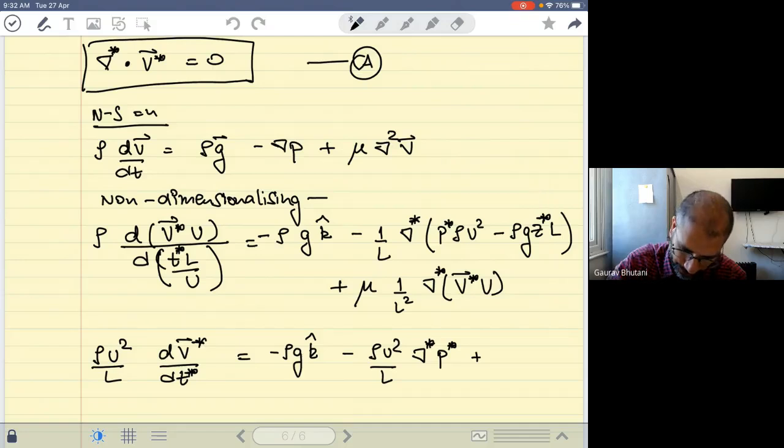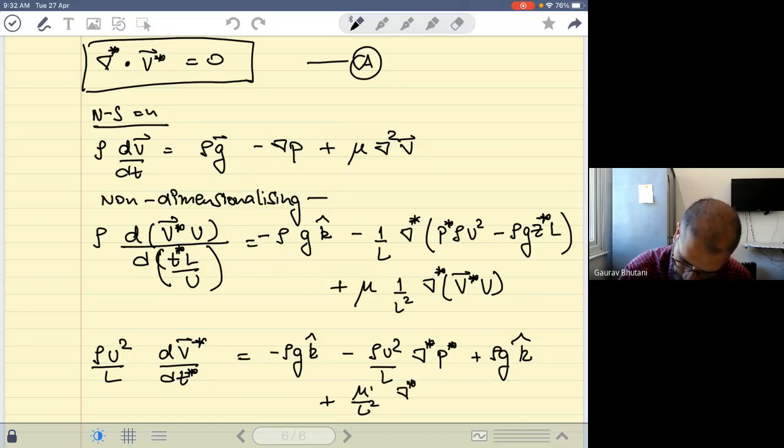They're all constants, and L will get cancelled out. So we have a rho g, and then a grad star of z star, which simply gives us a k hat. And then the last term is simply mu upon L squared, and there's also a u, and grad star of v star.